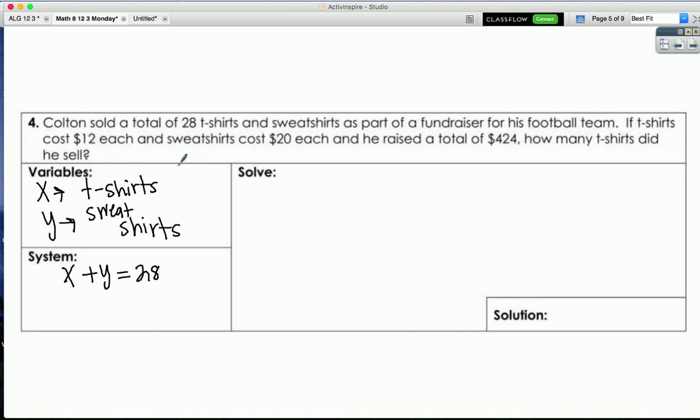The other one is a little bit more obvious because it's talking about the cost per each and then the total amount of money. So Olivia, could you help me write the second equation? Well, if it's 12 for each t-shirt and 20 for each sweatshirt, how would I show that?